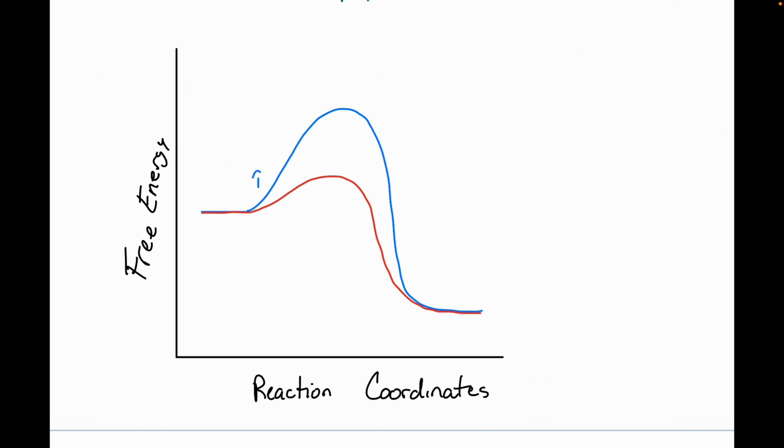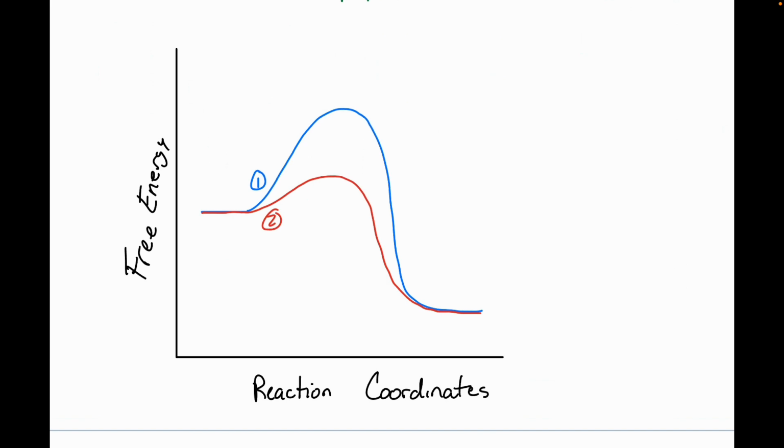We're going to call the blue one curve 1, the red one curve 2. And you can see that these both begin and end in the same place, right?